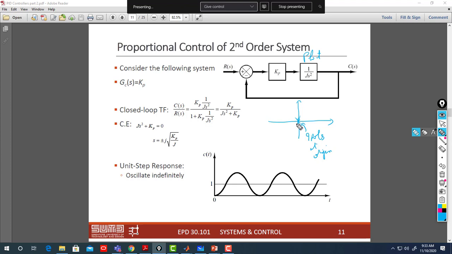Remember, if you go back to the stability slide, if you have two poles at the imaginary axis at the same place, two same poles, not two distinct poles, this is an unstable system.